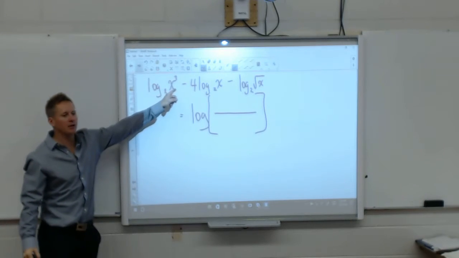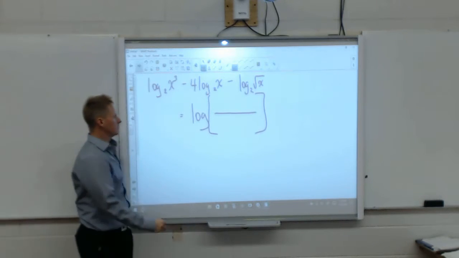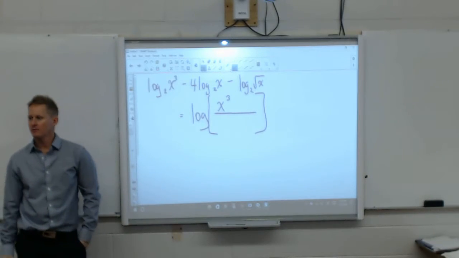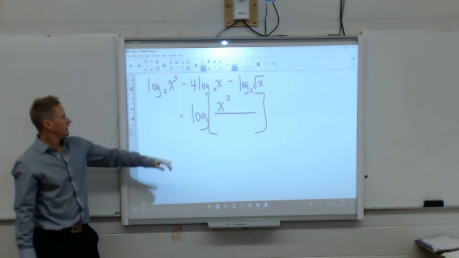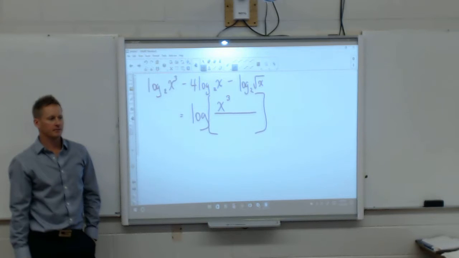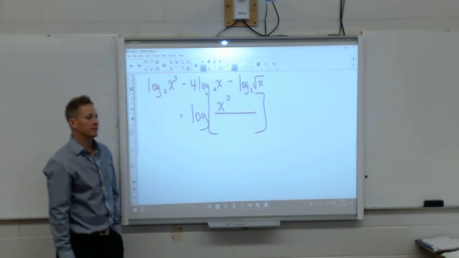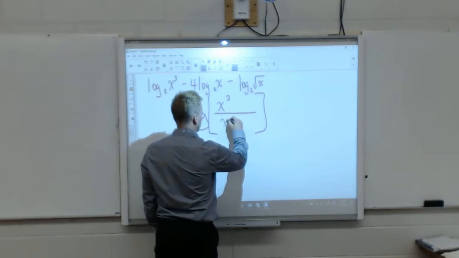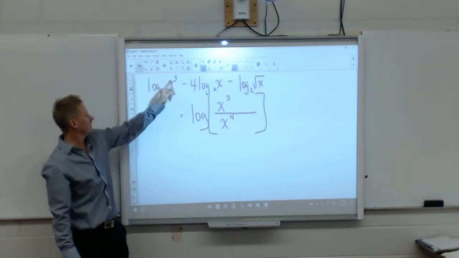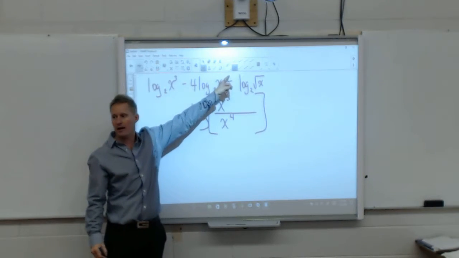Okay? This one, positive, correct? So, x cubed goes here on top of it. This is subtract right here. So what goes on the bottom? What do you have? X to the 4th. That's correct. That goes up to there, right?